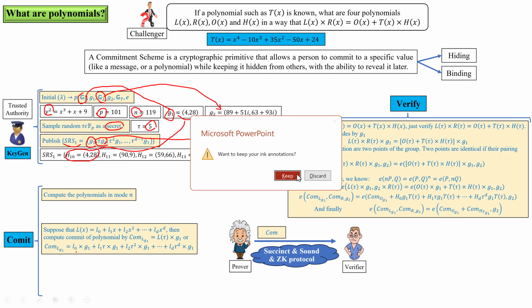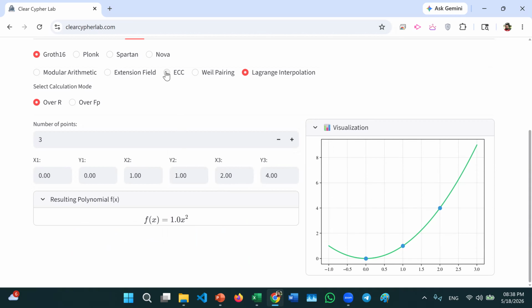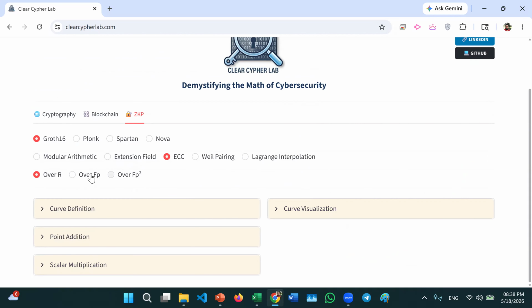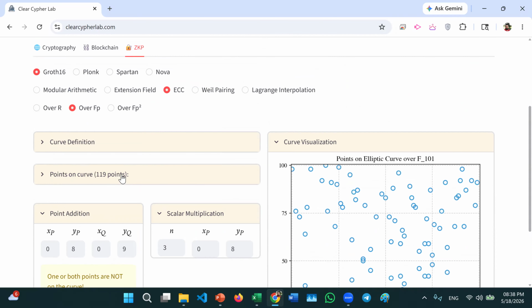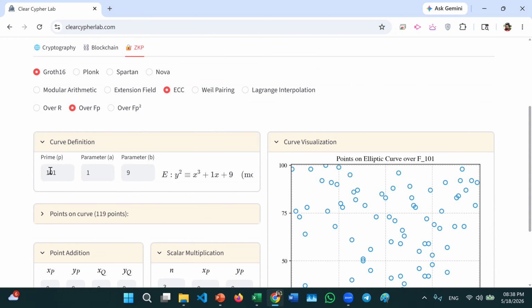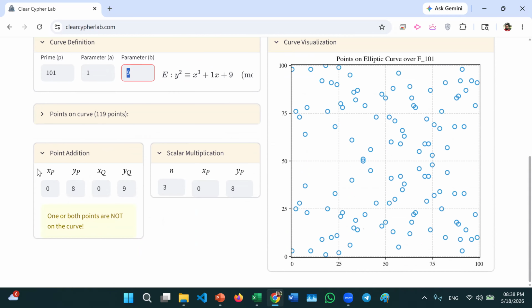Okay, so let's use our website, on the elliptic curve cryptography part over the field. So here the prime value is 101, and 1 and 9 are the parameters for the elliptic curve.